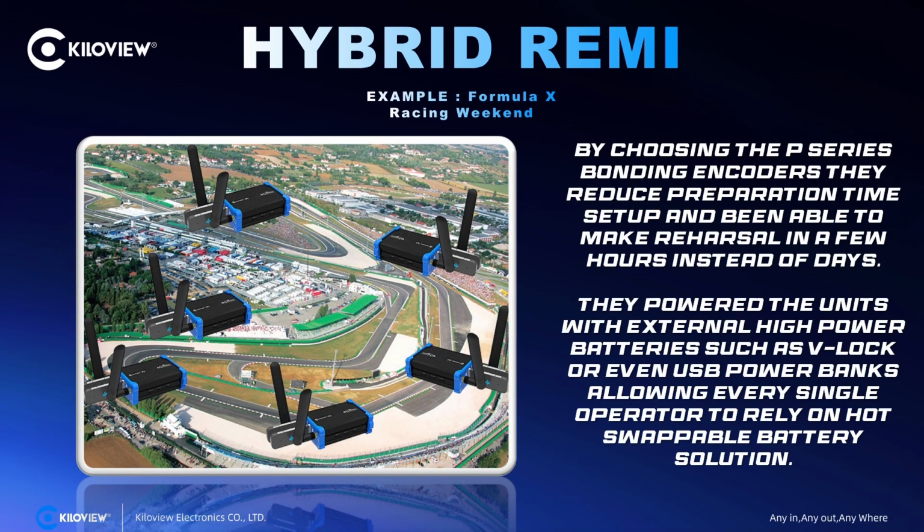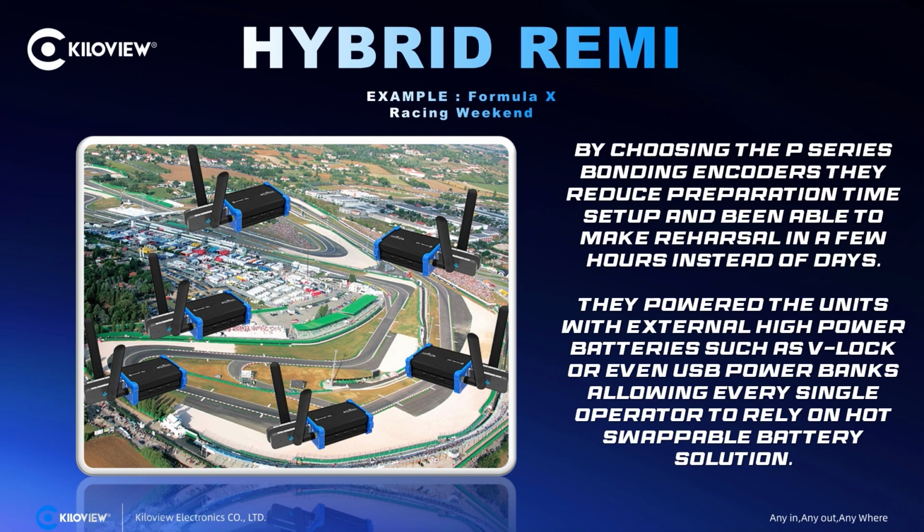So we brought the P series into the game, and choosing this product, of course, we were able to do a sort of hybrid solution and shrink down the time for the rehearsal, done in a few hours instead of days.